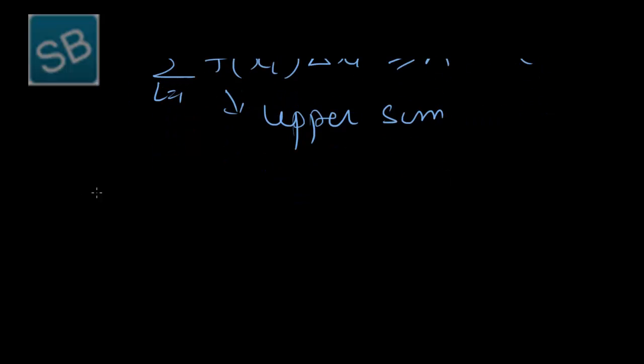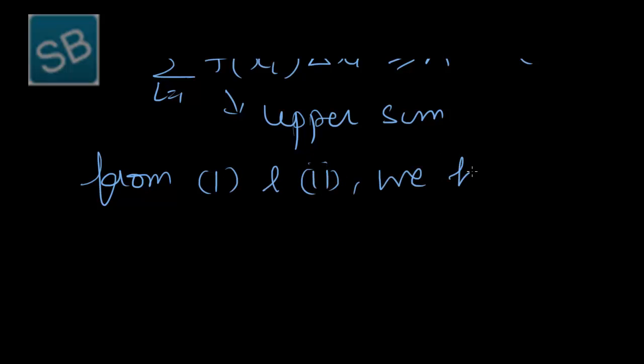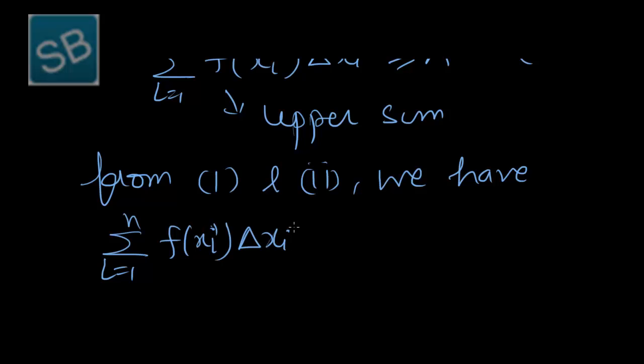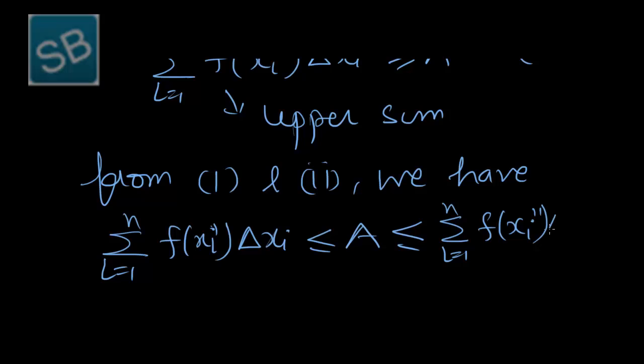So from 1 and 2, we have sigma i=1 to n f of xi dash delta xi less than or equal to A, which is less than or equal to sigma i=1 to n f of xi double dash delta xi.